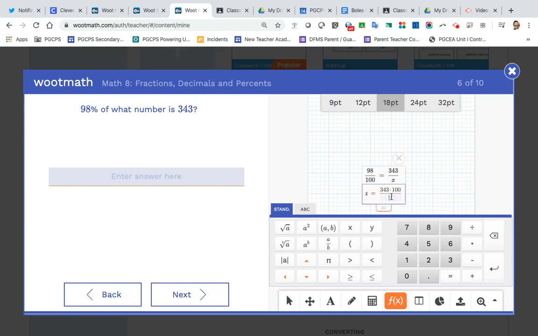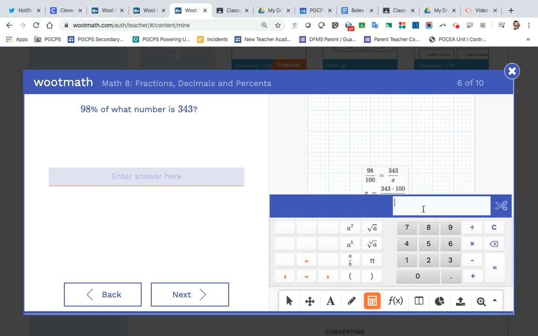The odd man out is 98 because it's not diagonal. So I'm going to go to the calculator and put 343 times 100 divided by 98. And let's see what I get. I get 350.